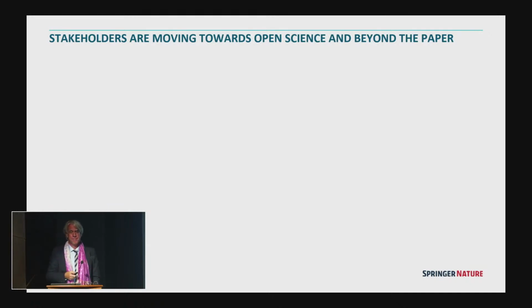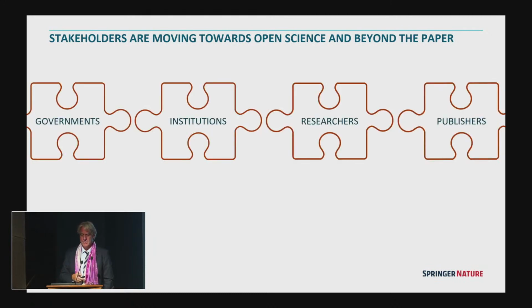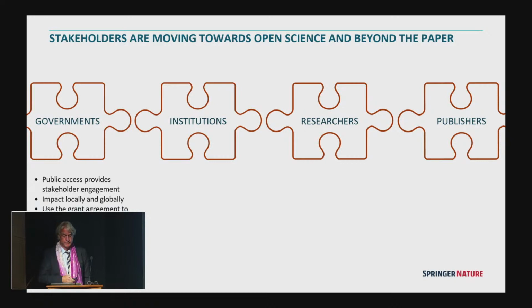But in a way, the good thing, and with a road trip like this, is that stakeholders are moving together quite quickly. So we've got the governments, we've got institutions, we've got researchers, and we've got publishers who are working together on this. They all have different interests, of course. The governments want to have local and global impact.